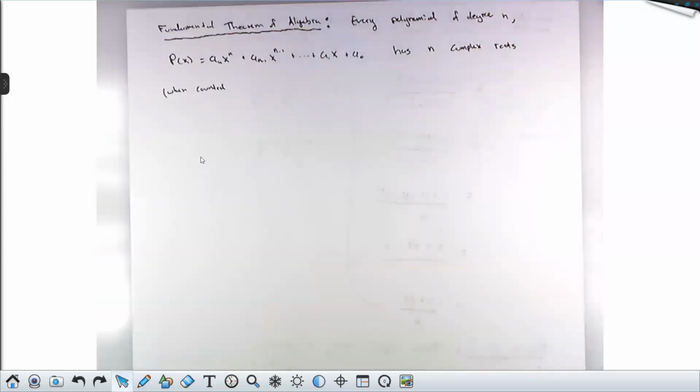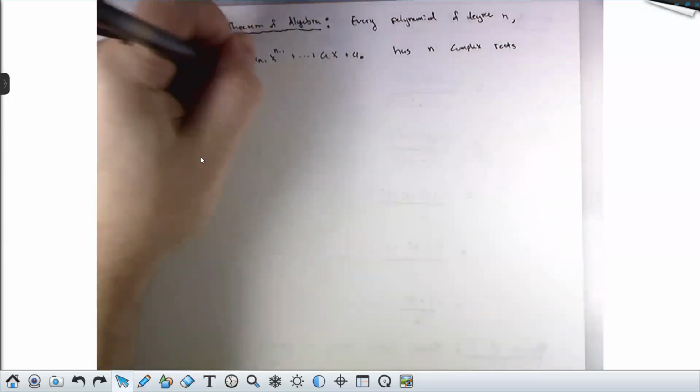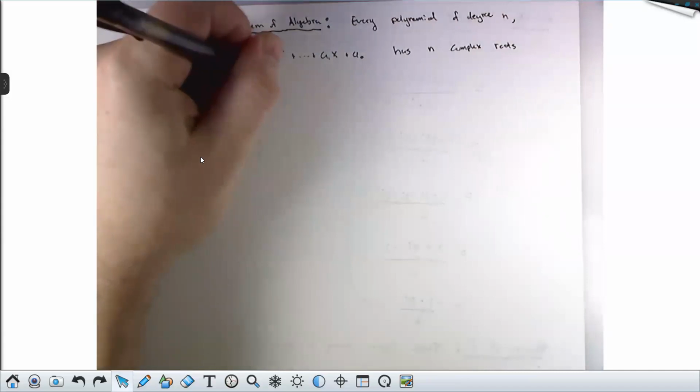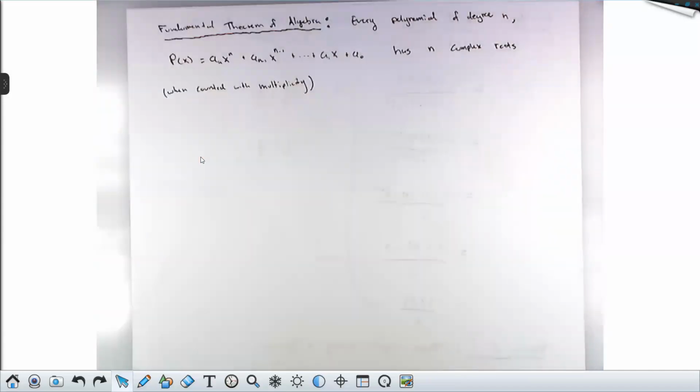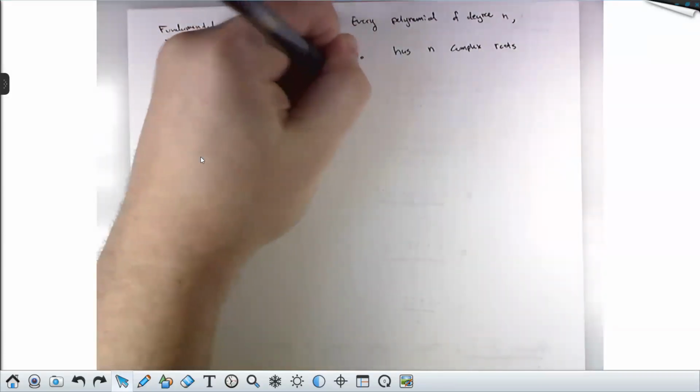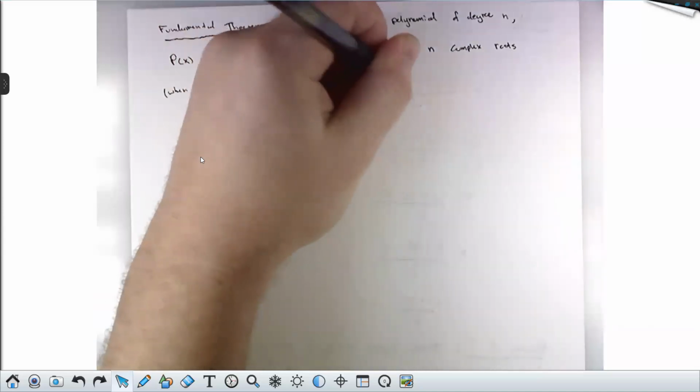So like you have to do it in your homework where you list a root twice if it's a multiplicity 2 root. And I'll call those roots c1, c2, c3, ... not 2, cn. So there's n of them.